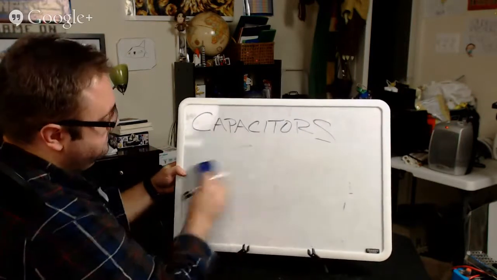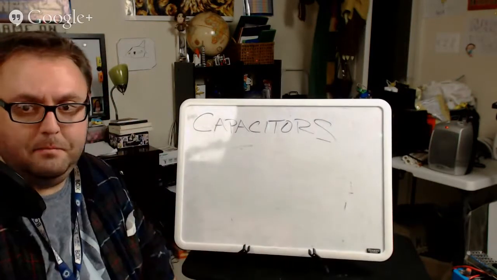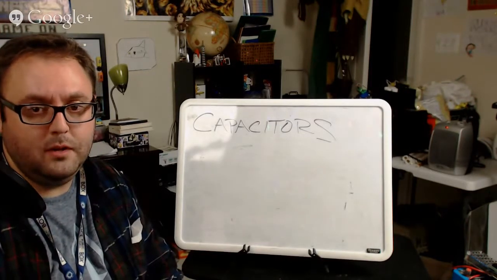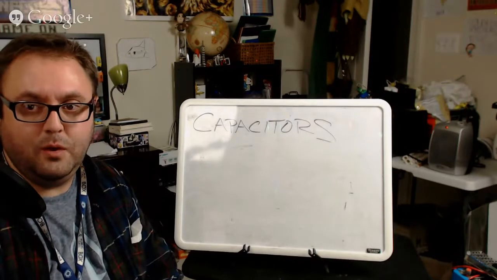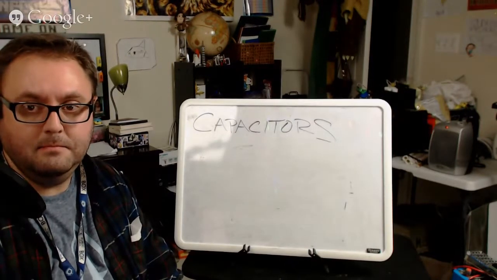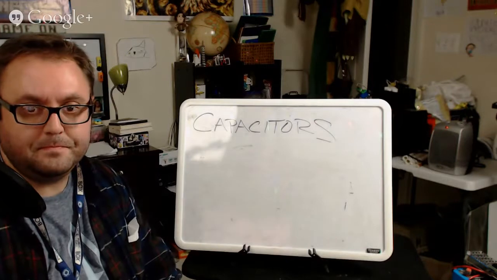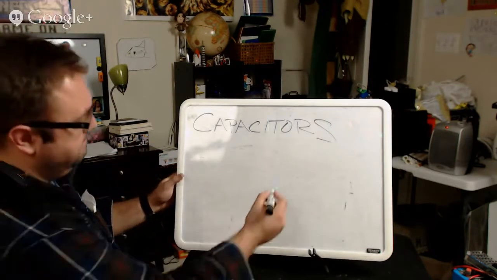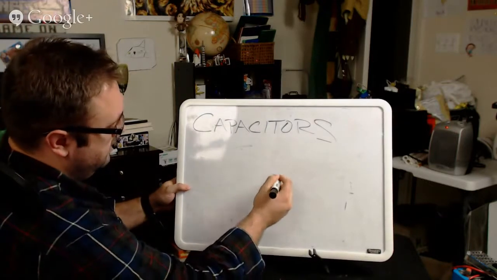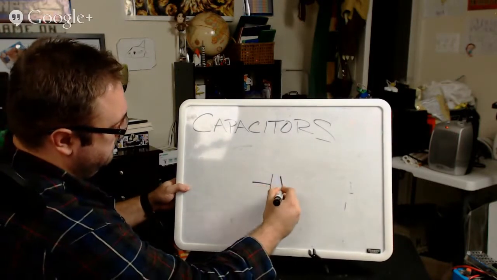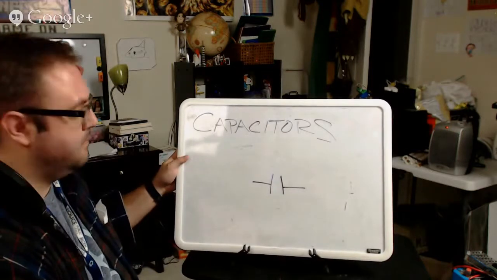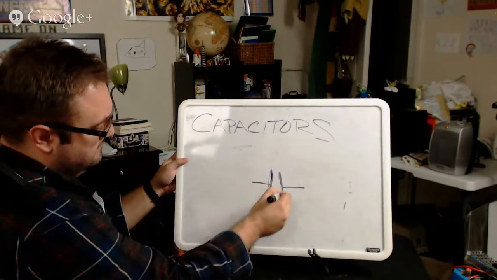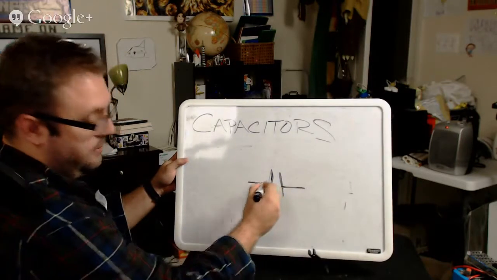Like I said a second ago, it's all well and good. We love to live in a world where we think the capacitor is ideally those two plates separated. But that's not reality.